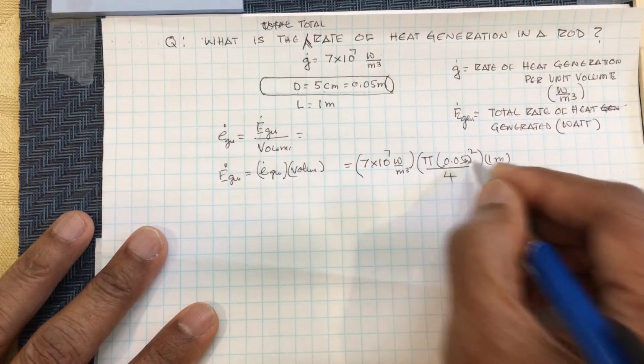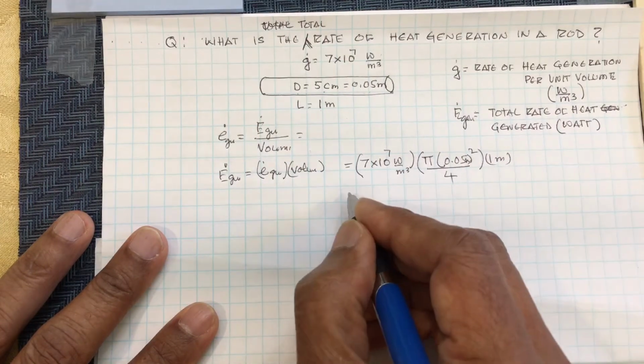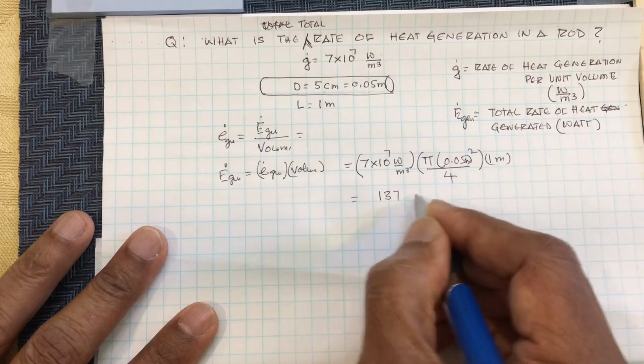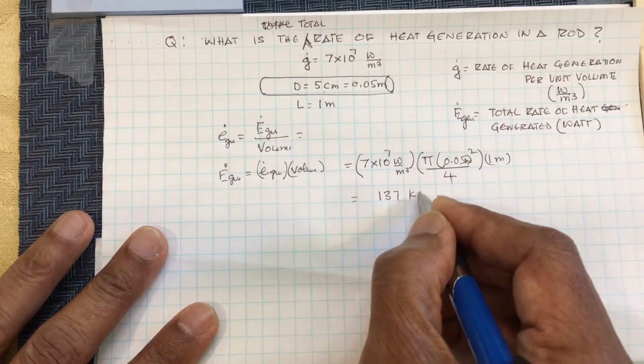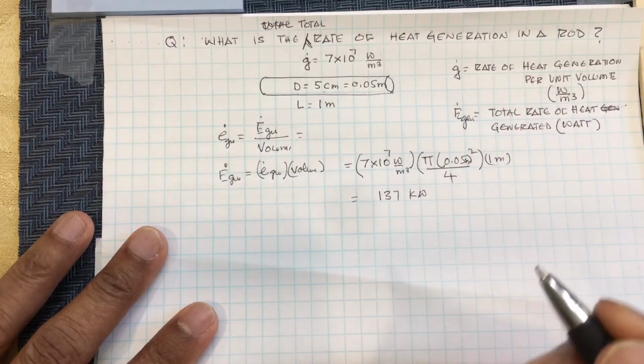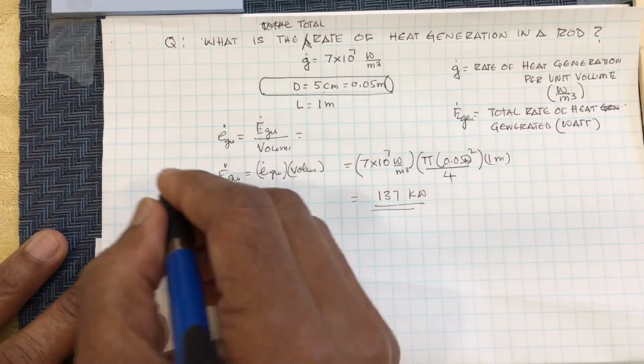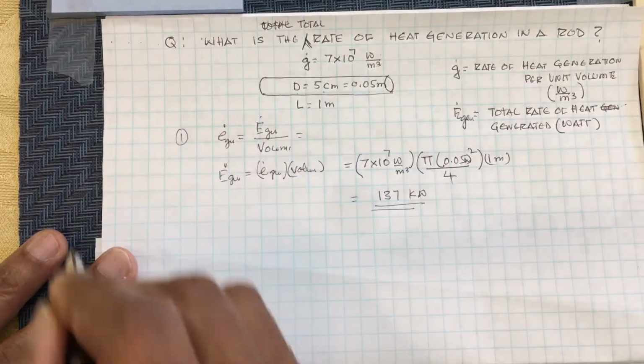Everything is in meters here, okay? By simplifying it, you'll come up with an answer of 137 kilowatts. So that is the total heat generated, and that is question number 1.